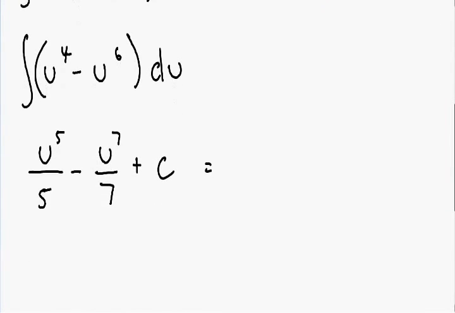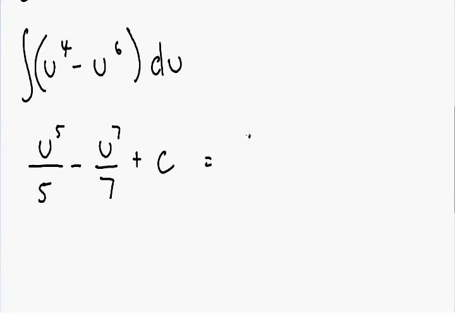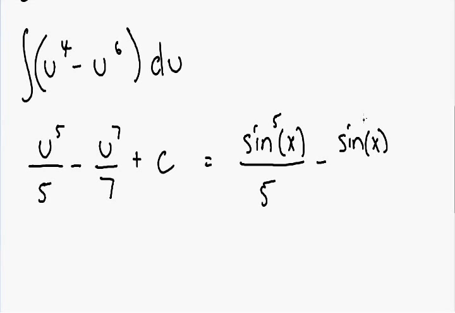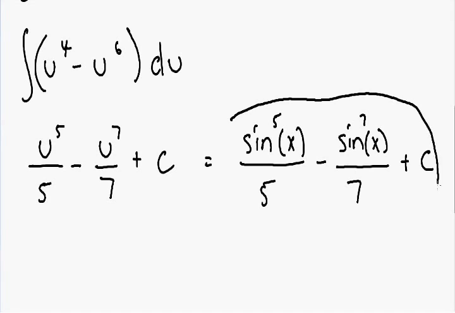So instead of u to the 5th, it's going to be the sine of x to the 5th, and this is being divided by 5, and this is being subtracted from u to the 7th. So instead of u to the 7th, we're going to have the sine of x to the 7th, and this is being divided by 7, and once again we can't forget about our constant plus c. So this is our final answer of our solution.